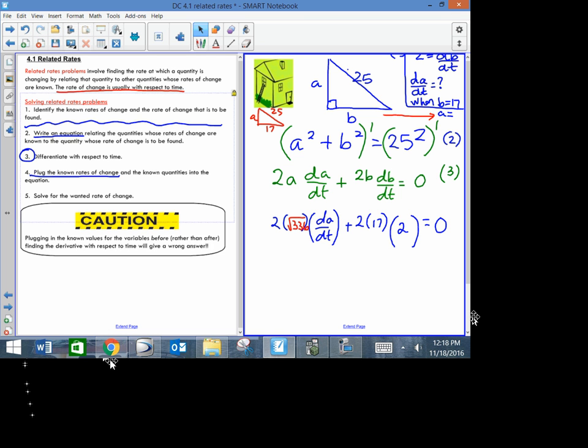Now do algebra and solve. That was step 4. And 5 is solving.